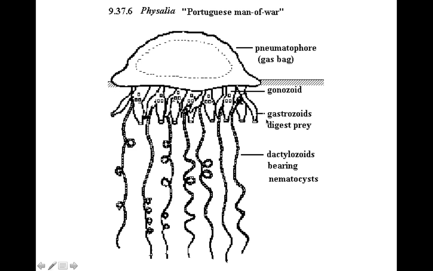Some that are feeding structures, feeding polyps called gastrozoids, which will feed. Dactylozoids are present in long strings, and they contain the cnidocytes and the nematocysts that will grab the prey and sting it so that the gastrozoids can eat. So all of these types of polyps work together to form a Portuguese man of war.